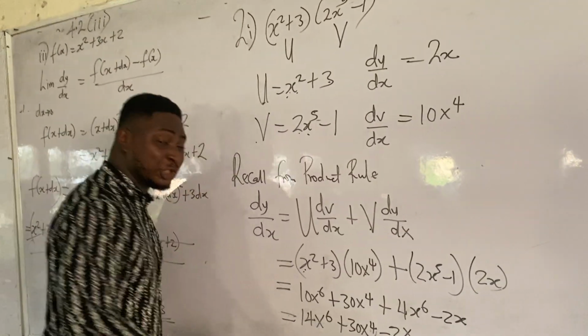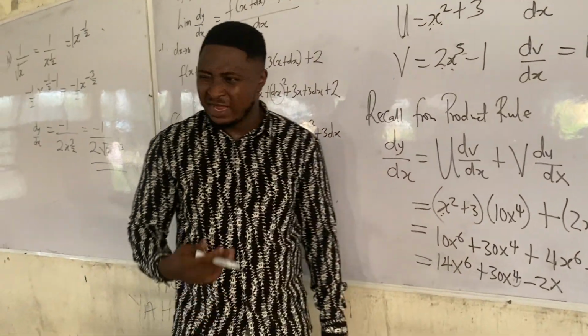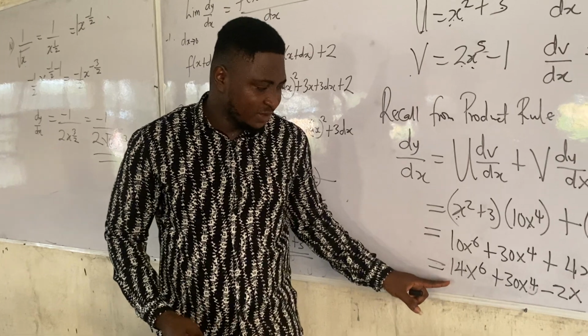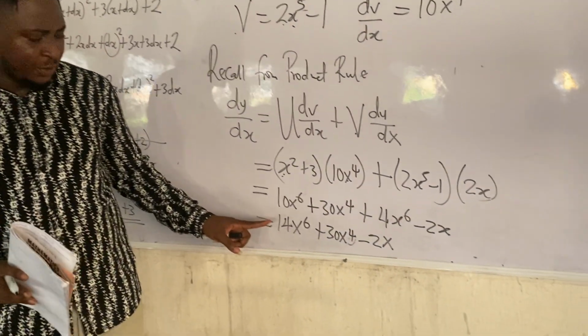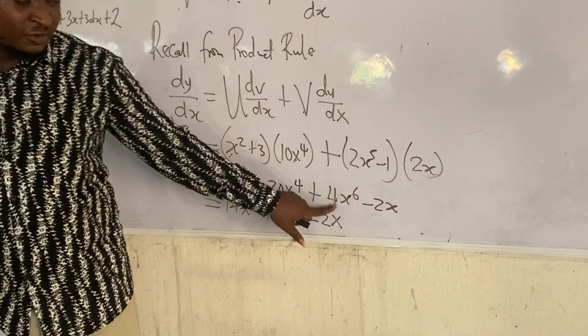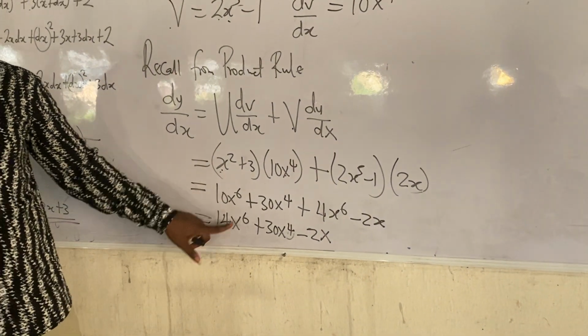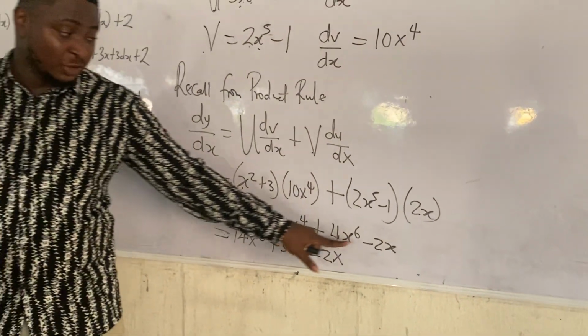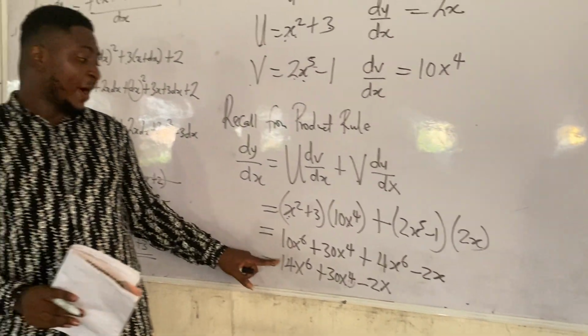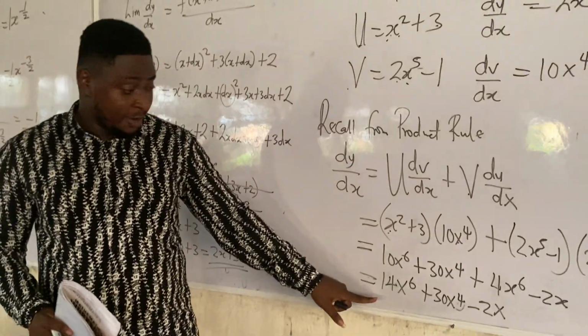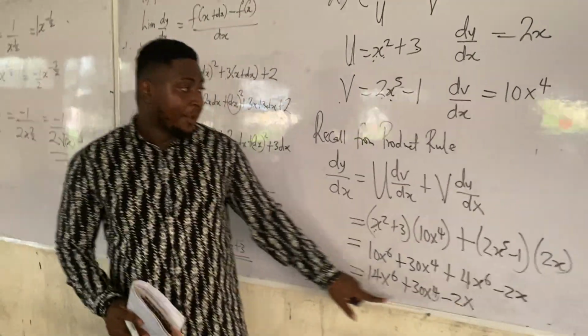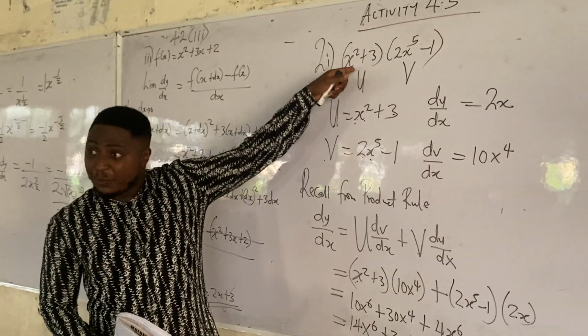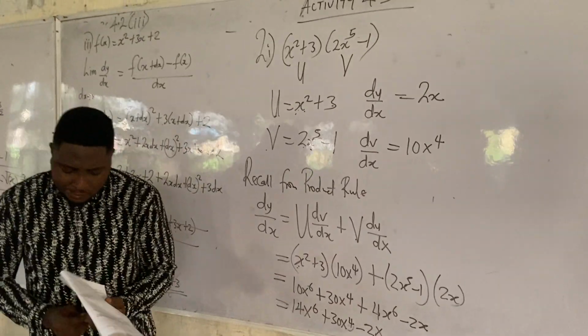Normally, when you are solving math, you should not rush, or you will make mistakes. So if you see me make one, just let me know. This is the dy/dx. You can't go further than this because they don't have the same power. This is the dy/dx of this function using the appropriate formula.